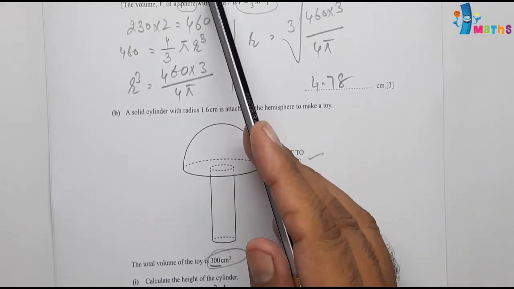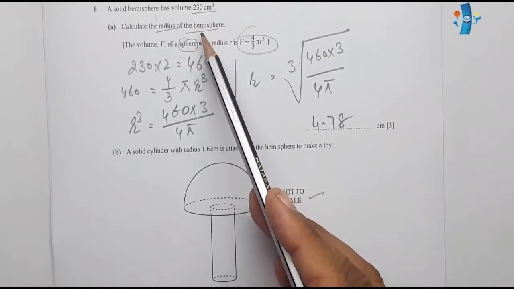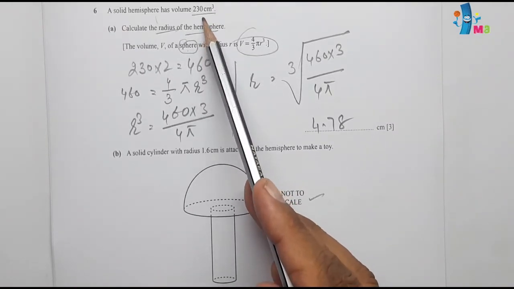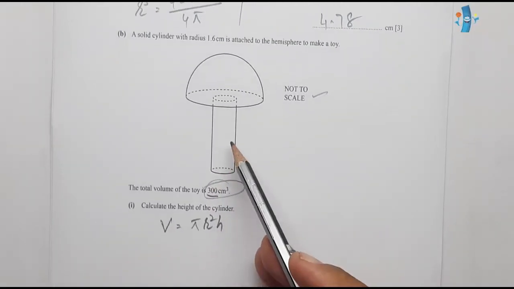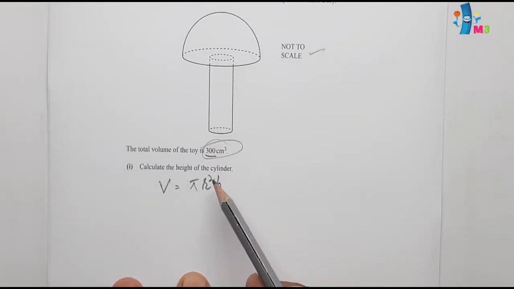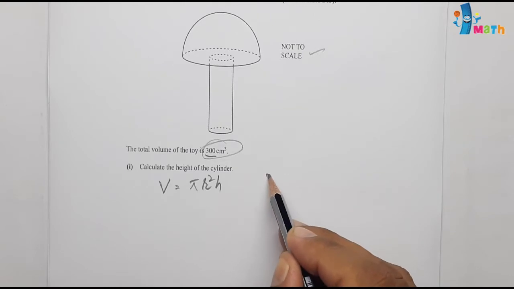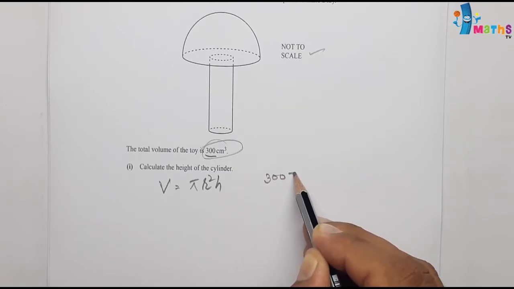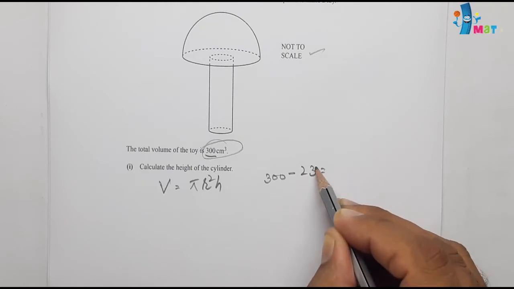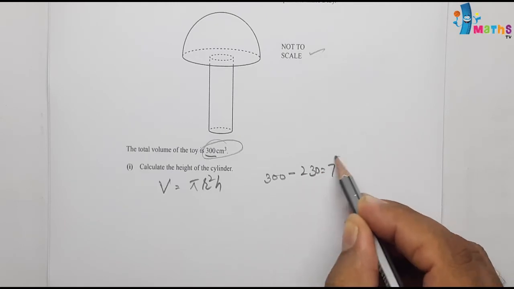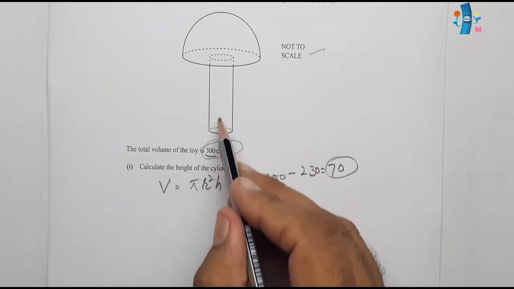Volume is given for this hemisphere, which is 230 centimeter cube. So the remaining volume is of this cylinder, and that will be 300 minus 230, which is 70. So 70 is the volume for this cylinder.